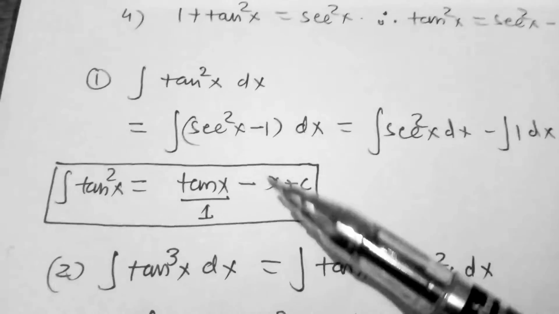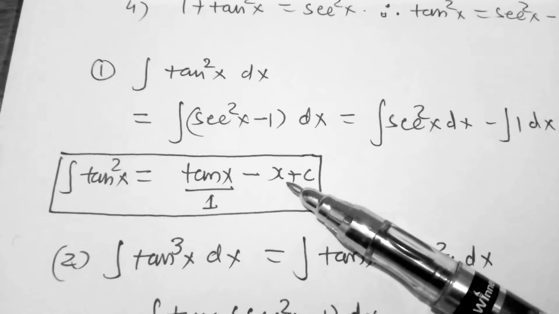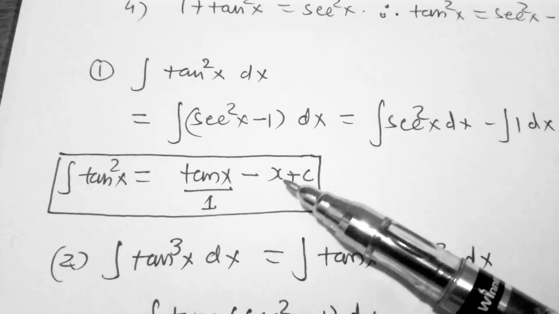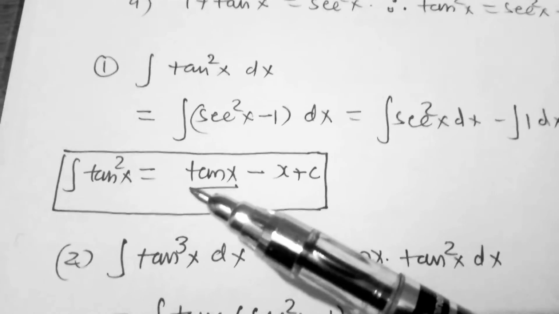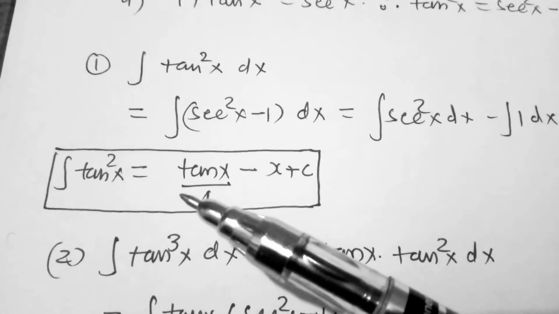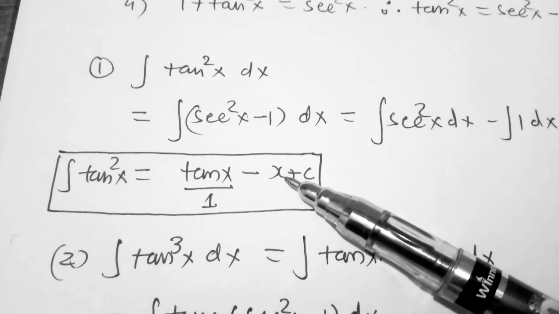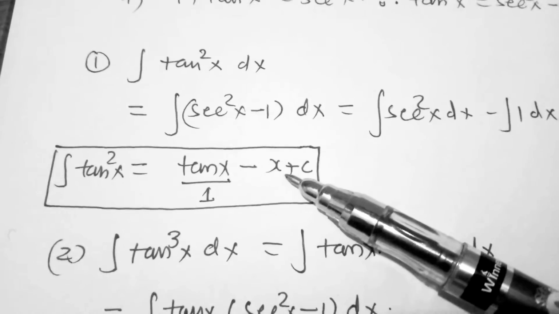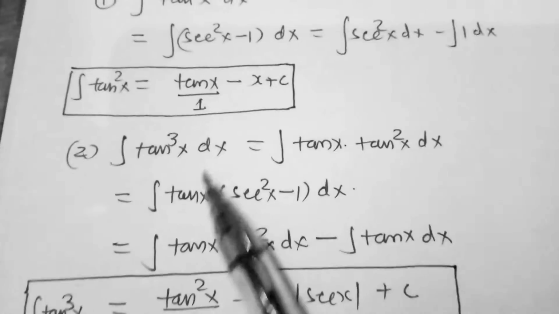Because tan x and then minus x is there. So whether it is tan square x or tan cube x or whatever be the power of the tan x function greater than 1, the last term in the answer will be either x or log of sec x.